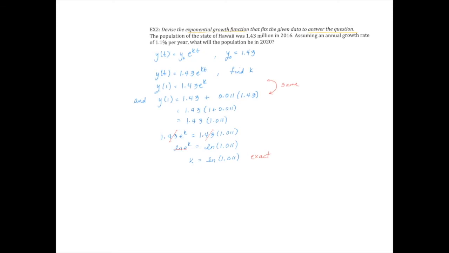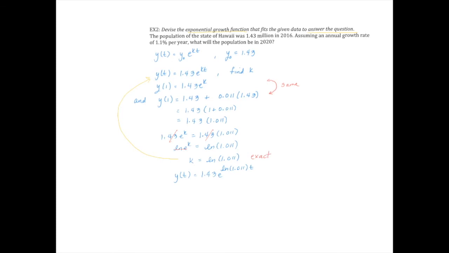So now going back to my original equation that I started with, I can go ahead and substitute for k. My growth function is y of t equal to 1.43 e to the natural log of 1.011 times t.